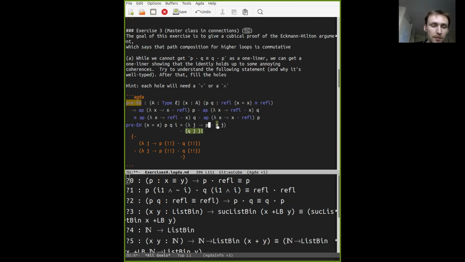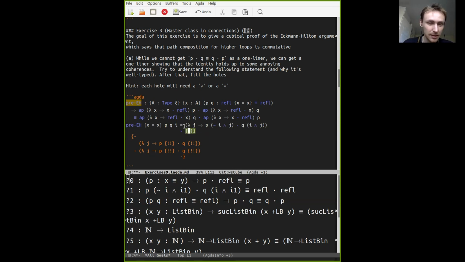And what's pi 0? Well, that's just refl. Aha, well, that's this guy, right? So yeah, you have to think about it for a bit, but try to restrict all the variables and see what happens.